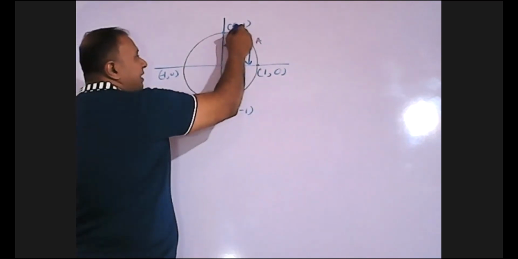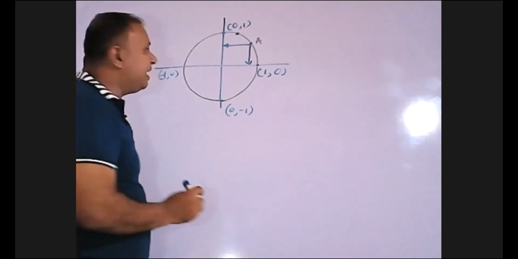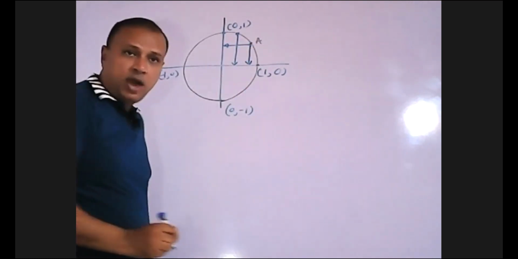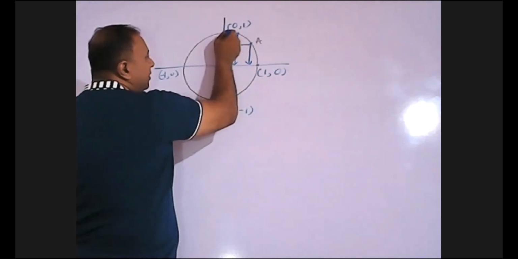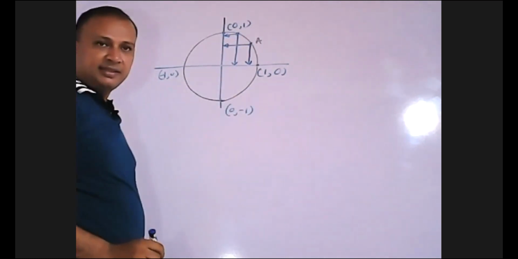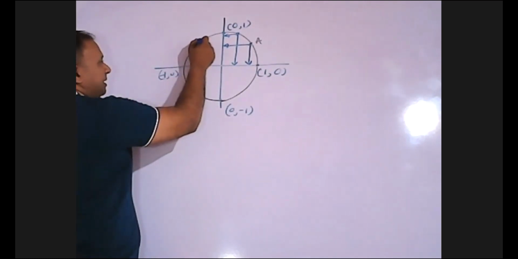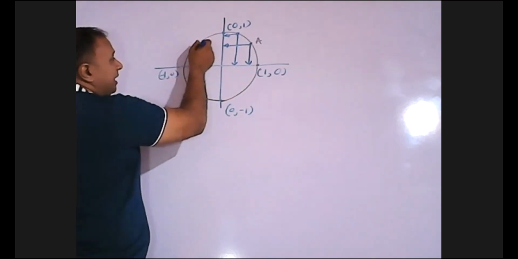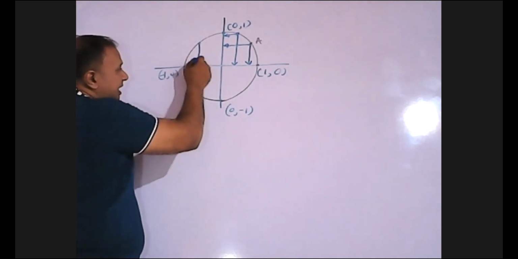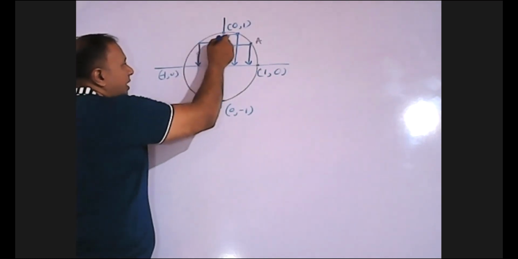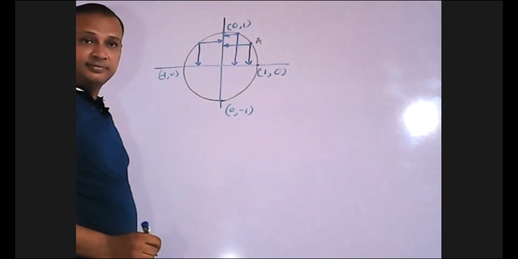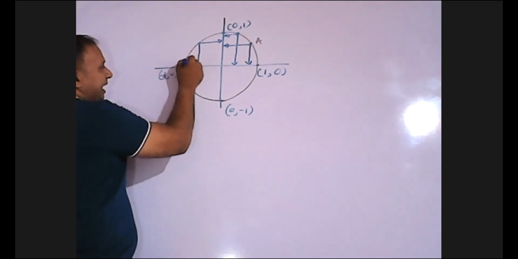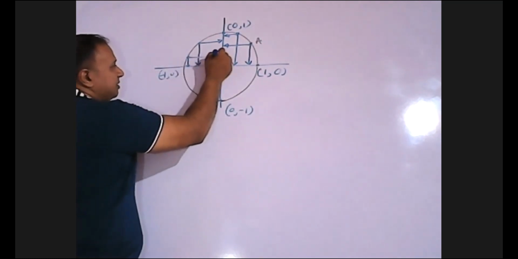If you select a point like this, the x value is this one, the y value is this one. If you select a point like this, x value is this, y value is this.